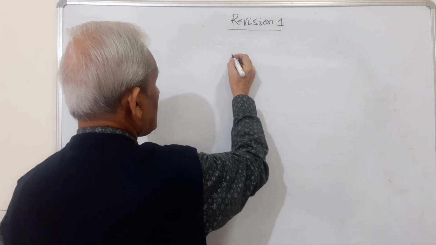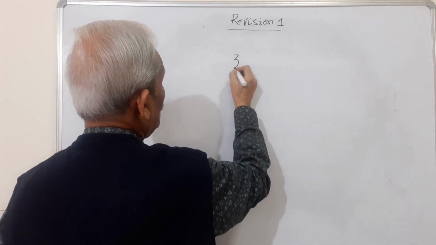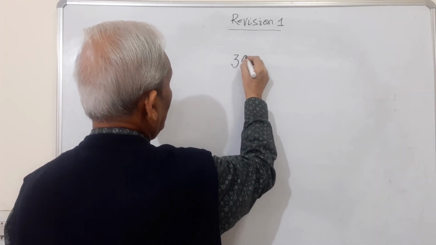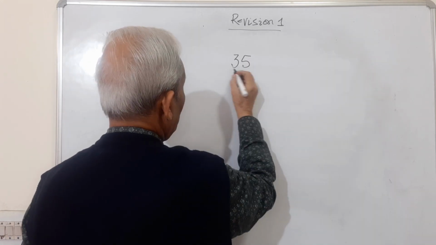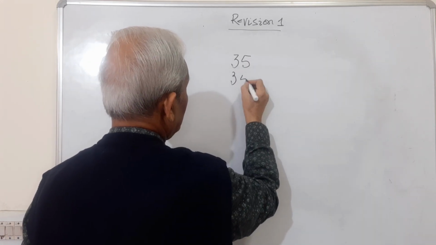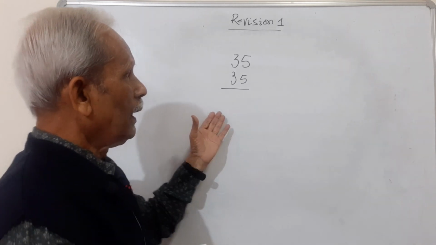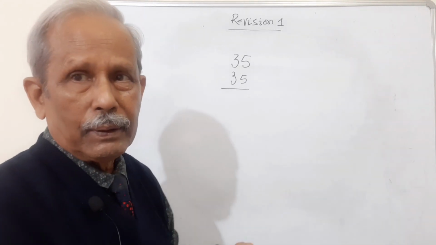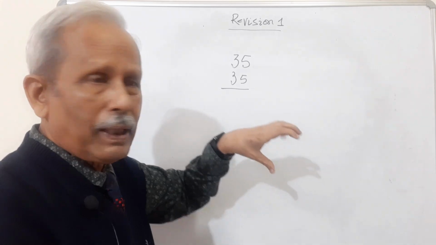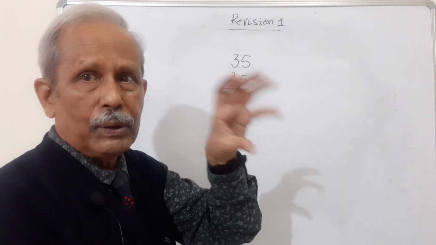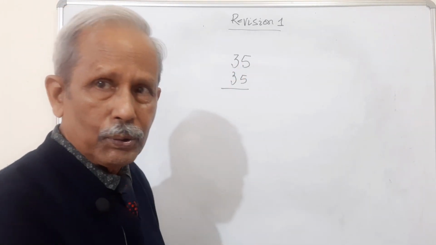Two-digit numbers, let us take two-digit numbers, say 35. If you want to multiply with 35, it has a very special characteristic for which Ekadhikena Purvena is applicable. In Vedic mathematics, you have to understand the question and accordingly think which sutra is applicable to it.